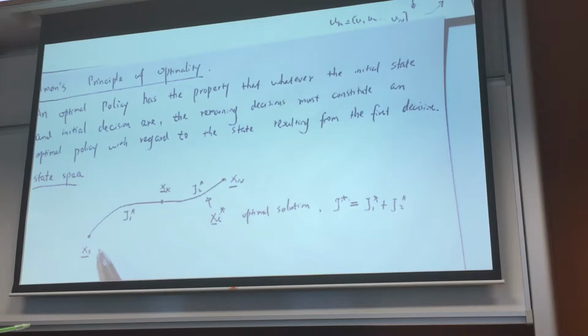That means if you have this optimal trajectory, then if you take any state, instead of starting from the initial state, the remaining part is also optimal.